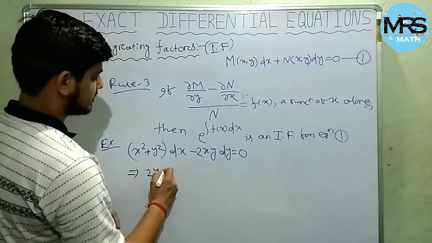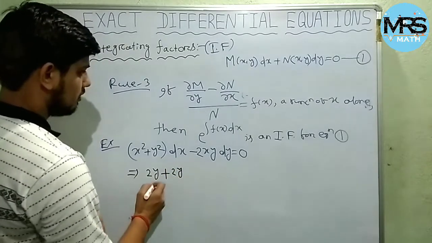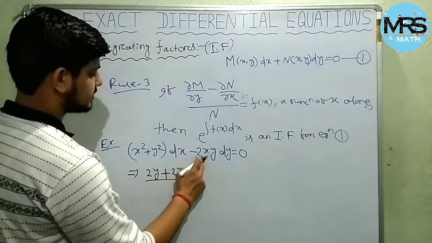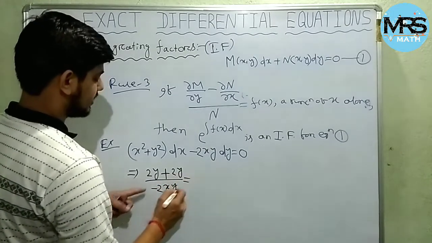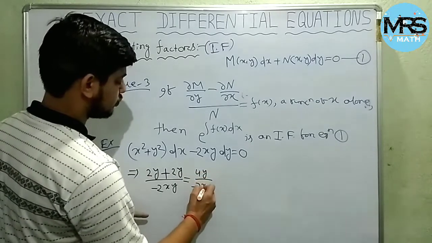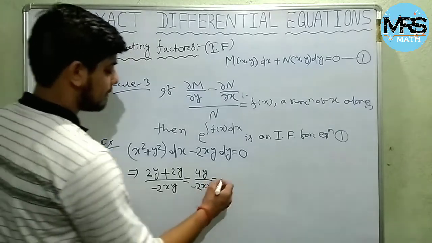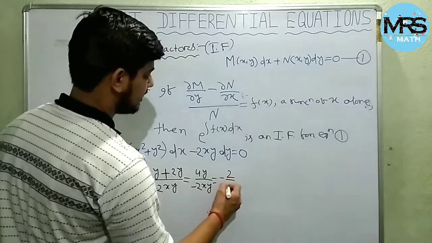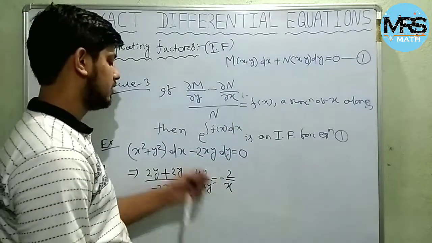So minus minus it will be plus, that means 2y, over n, that means minus 2xy. So what you will get, 4y by minus 2xy. So it will come as minus 2 by x, which is a function of x alone.